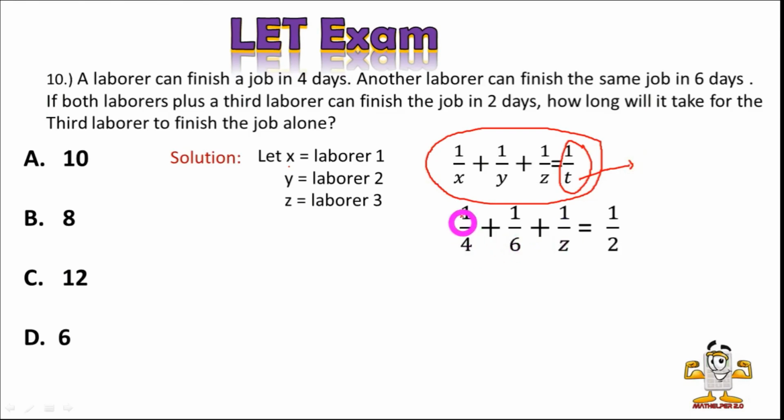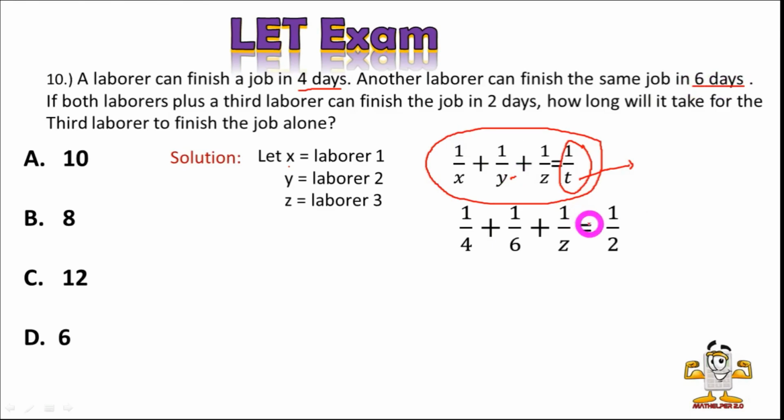So, plug in lang po natin yung numbers. So, laborer x or laborer 1 matatapos po nyo ng 4 days yung trabaho. Laborer 2, which is the Y, can finish the job in 6 days.